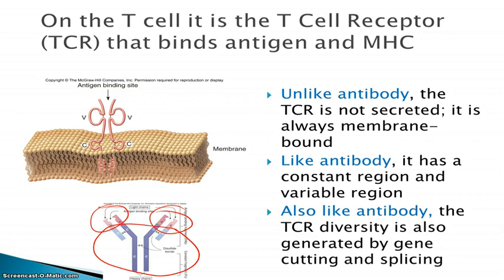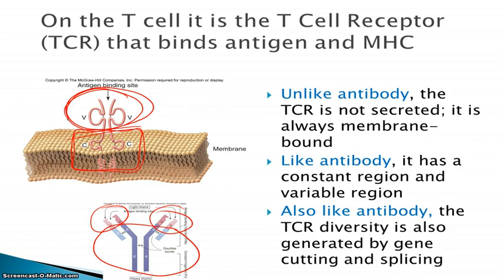T cell receptors, or TCRs, are very similar to that. T cells undergo a similar maturation process where they have some somatic recombination events. T cell receptors are not secreted, but they're loaded onto the phospholipid bilayer of the cell. All T cell receptors are the same in this constant region right here, and all T cell receptors are variable, or different, in the variable region right there.